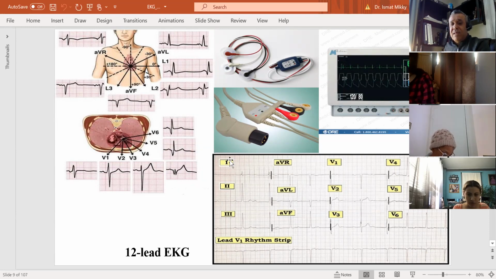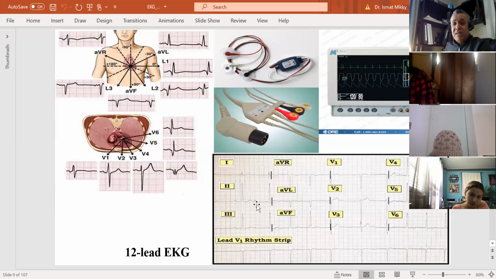The peripheral ones are 1, 2, 3, AVR, AVL, AVF, abbreviations for augmented vector right, augmented vector left, and augmented vector foot.